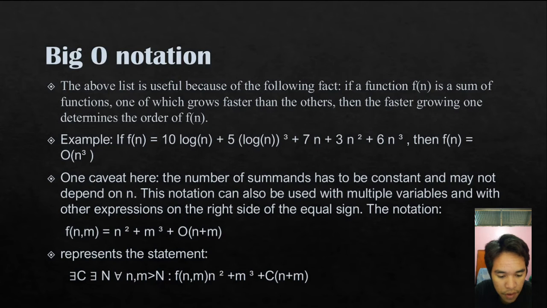The above list is useful because of the following fact. If a function f(n) is a sum of functions, one of which grows faster than the others, then the faster growing one determines the order of f(n).